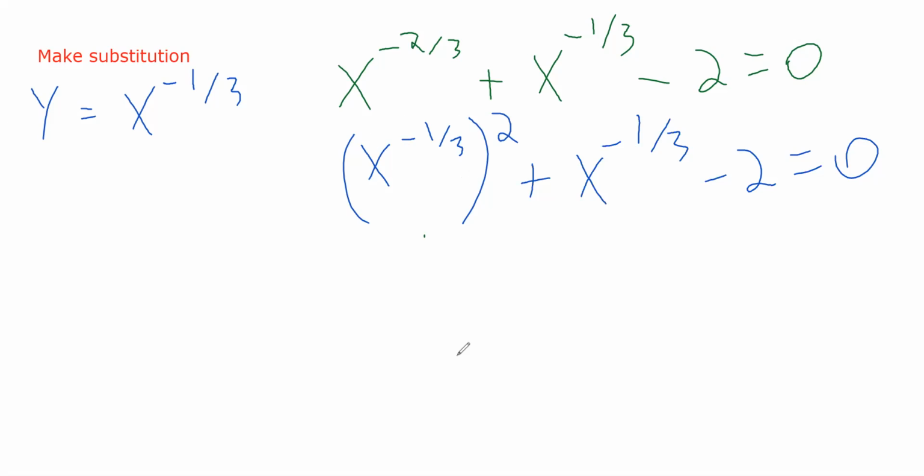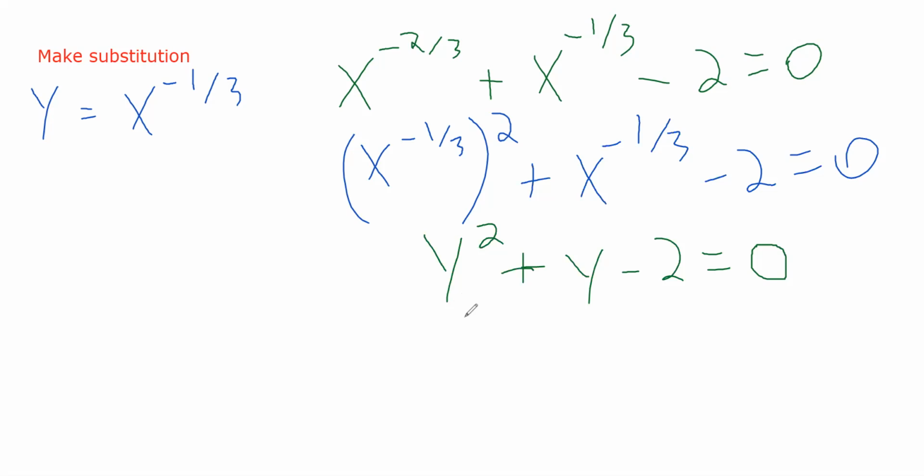So that's going to end up just being y squared plus y minus 2 equals 0. And now we just have to solve this equation, but because our original variable was x, we're going to have to deal with it as we see it.